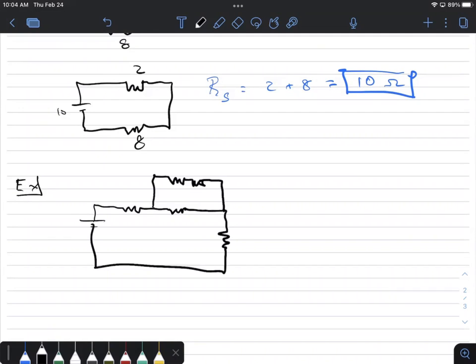All right, so what do we have? 2, 4, 3, 6, 8. All right, there's a circuit. Again, what do I want to do? I want to calculate the total resistance of this circuit.